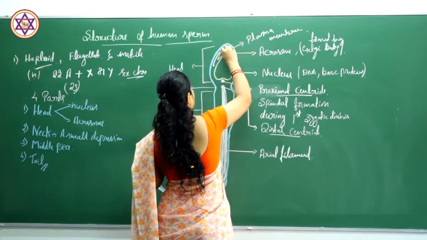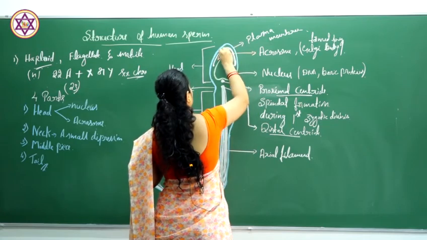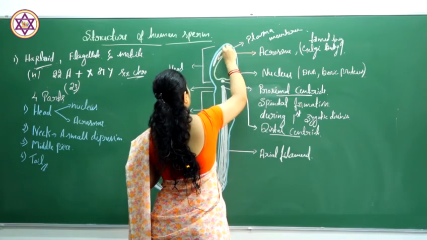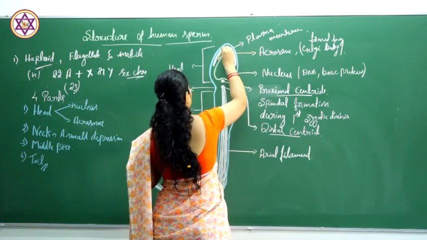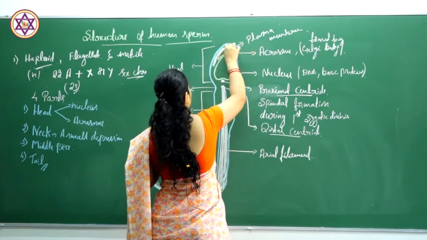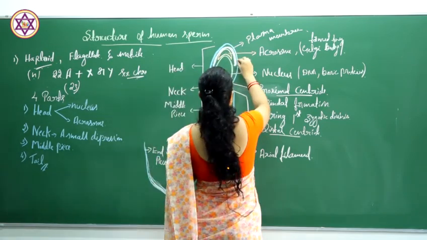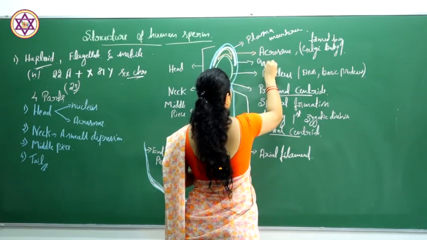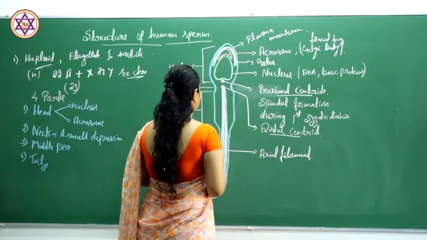This is the membrane or the sheath which is present off of the nucleus, anterior part. This particular sheath is called the galea. Galea. Okay, it seems to be very important.